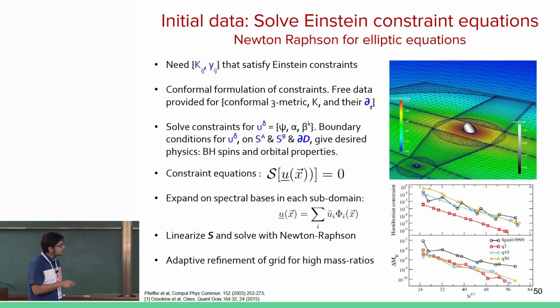And the boundary conditions on these variables at the 3 boundaries. So we have 3 boundaries, remember? 2 boundaries around the singularities and 1 boundary at the exterior end of our domain. At the 3 boundaries, the boundary conditions we provide give us the relevant angular momentum in the system. The shift vector field that we provide at the outermost boundary gives us the orbital motion of the system in terms of the coordinates you're using.